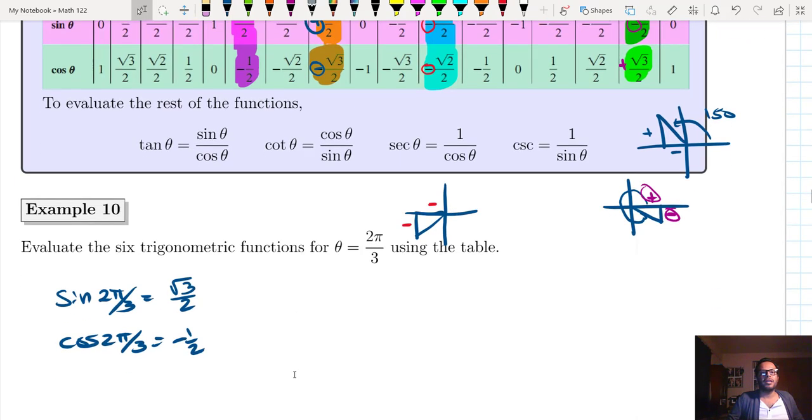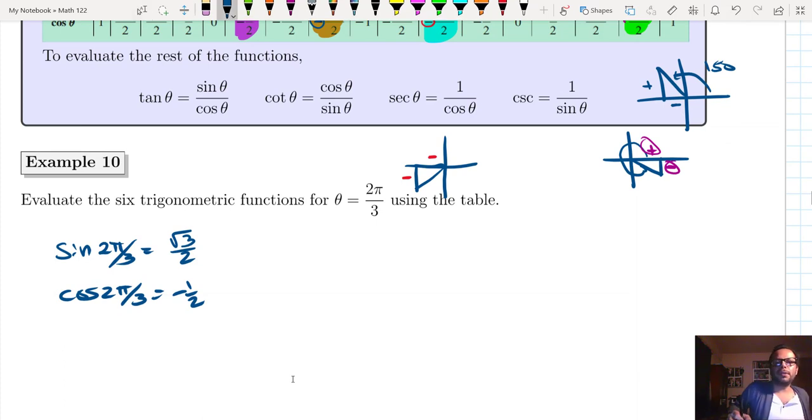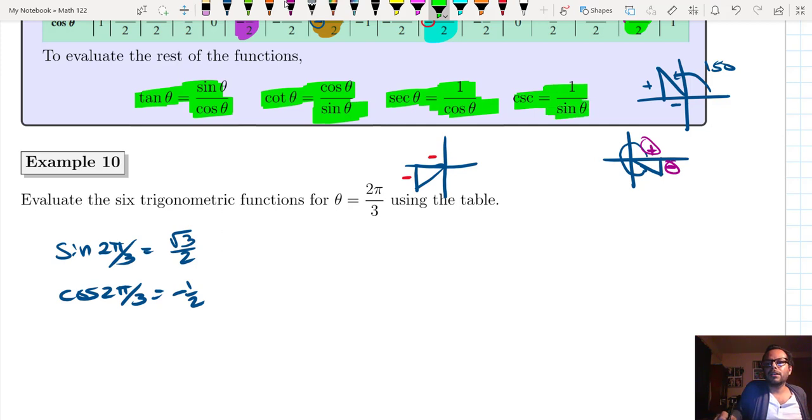Now it is our job to calculate tangent using these formulas. Tangent is the same as saying sine over cosine. We are going to get into that in the last part of the video, when we cover trigonometric identities.